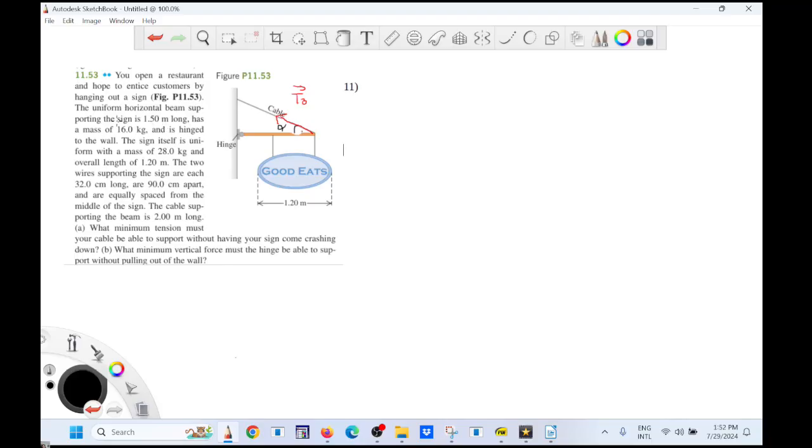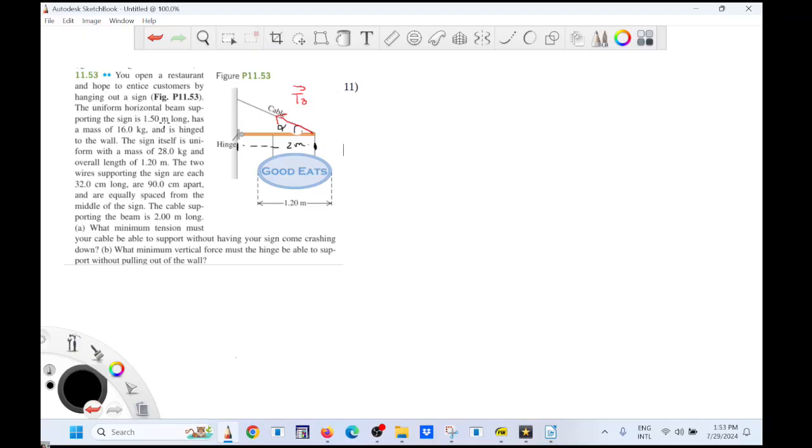So the sign, the beam. They give you the length here, from here to there, it's going to be 2 meters. And it has a mass of 16 kilograms.